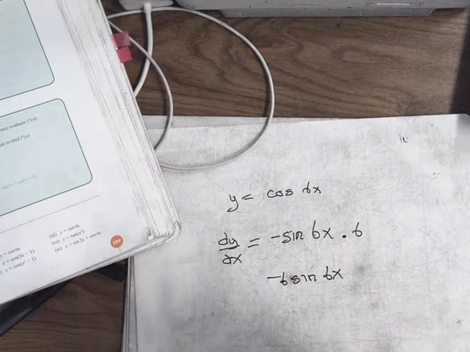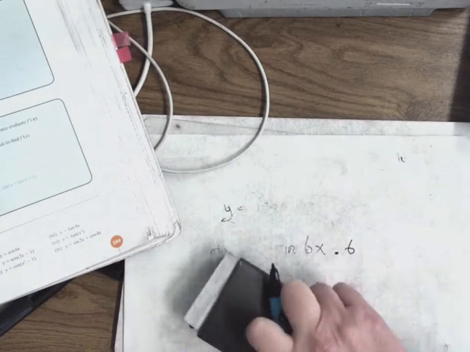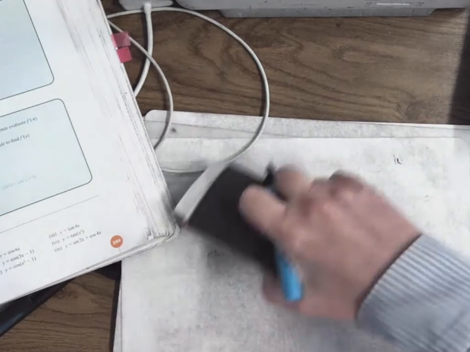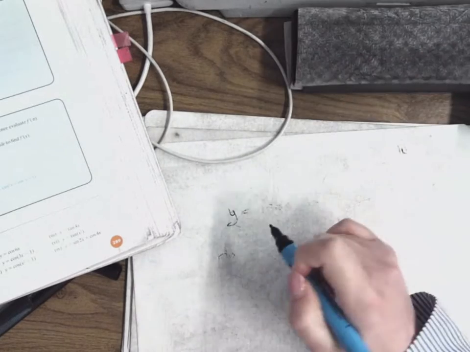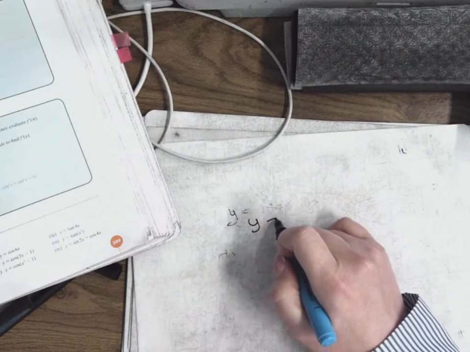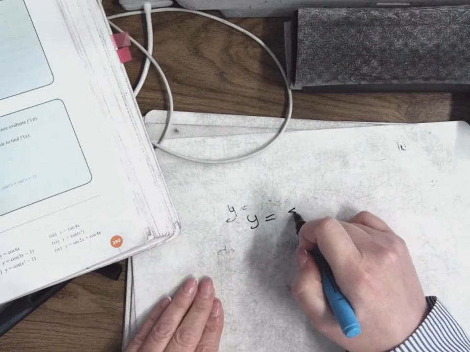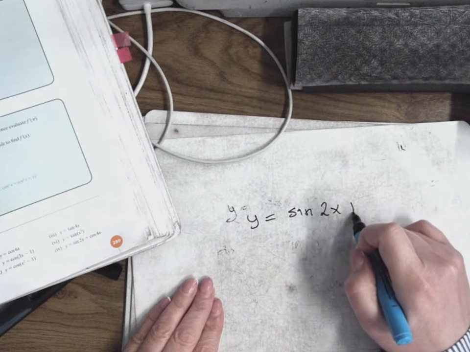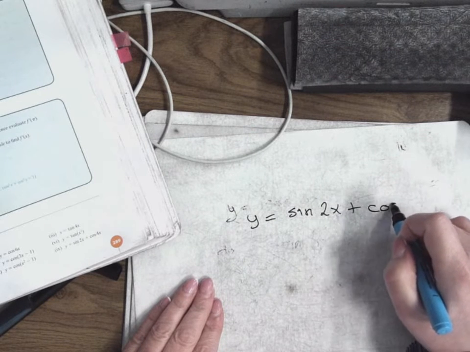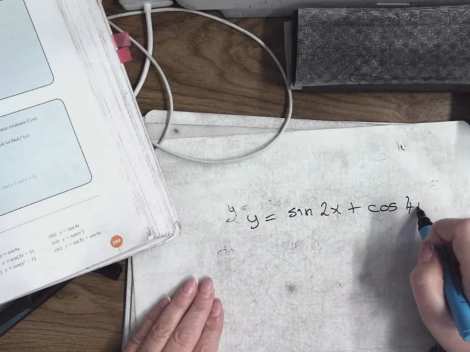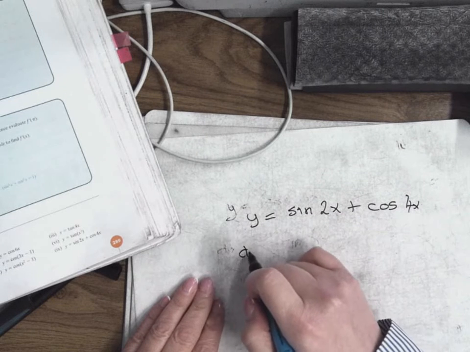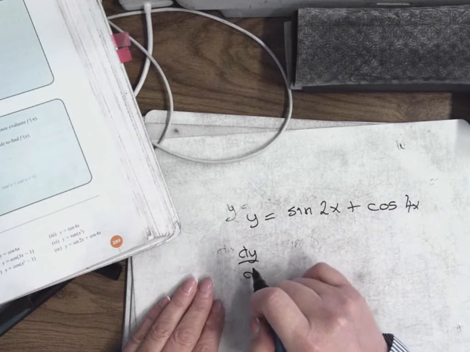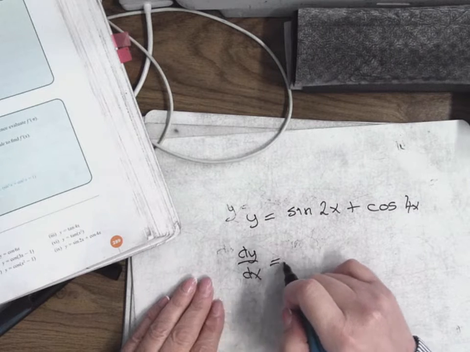If my function was y equals sine of 2x plus cos of 4x, differentiate this. You just go across the line when they're added or subtracted.